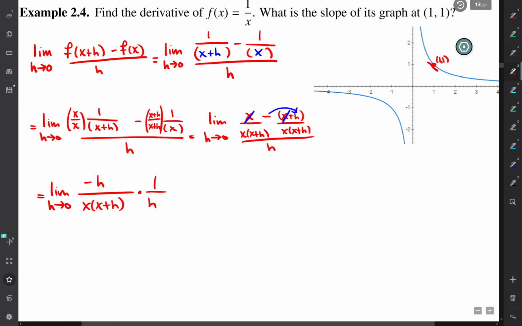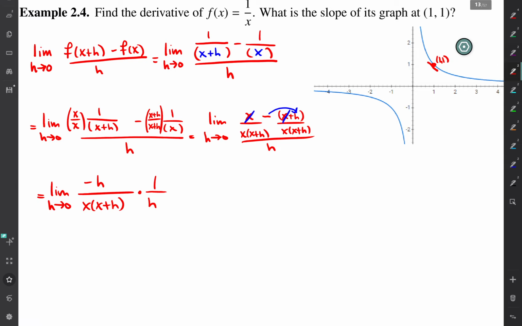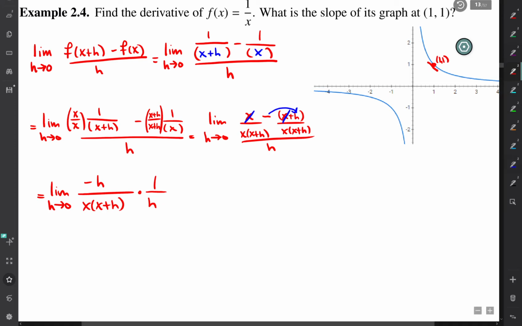So just to make this, instead of having this on 3 lines, I'll make it on 2 by multiplying by 1 over h. Okay, and now the 1 over h and the negative h cancel, and I'm left with the limit as h goes to 0 of negative 1 over x squared plus h times x.